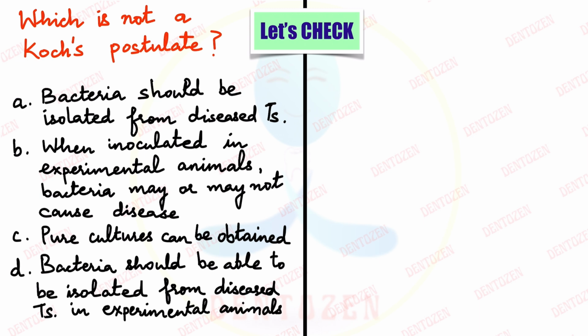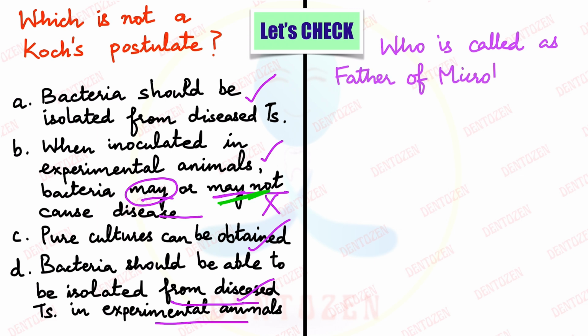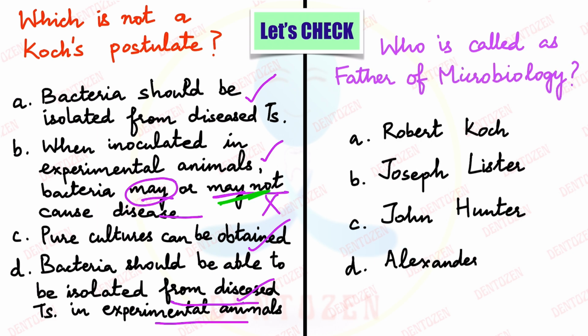So first, true, it should be isolated from diseased tissue. Second, it should be able to produce disease. So no doubt should be there. Third is it should be obtained in pure cultures, and fourth is it should be isolated from the diseased tissue in experimental animals. So which one do you think is not a Koch postulate? Next question is, who is called the father of microbiology? The options are Robert Koch, Joseph Lister, John Hunter, and Alexander Fleming.